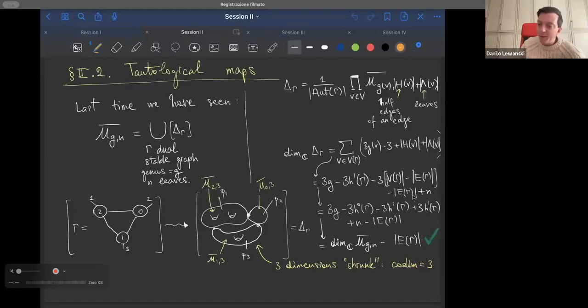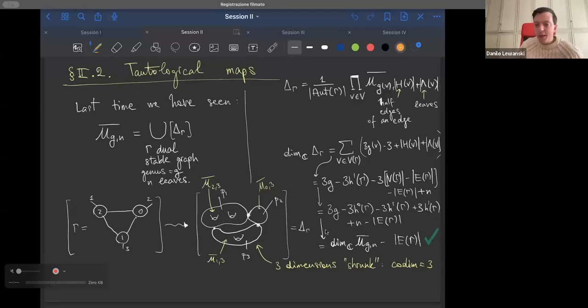Again, minus 1 times this guy plus n, because the cardinality of the set of leaves when I sum over all vertices will be all of the marked points, and the marked points are n in number.